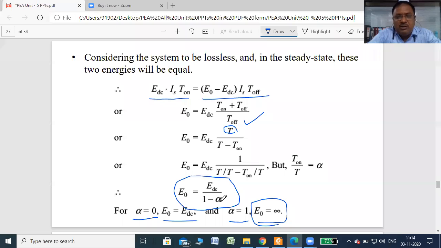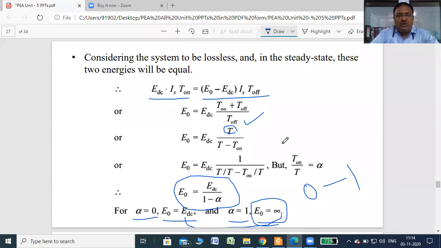So if you change the alpha, you will get a variable voltage, that is from EDC to infinite. If you change alpha between 0 to 1, the output voltage is from EDC to infinite, right?